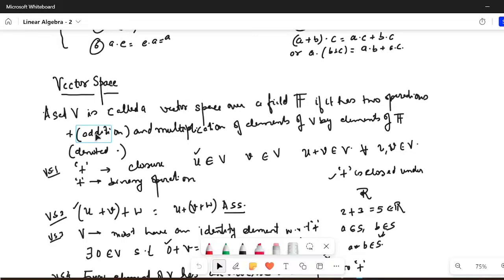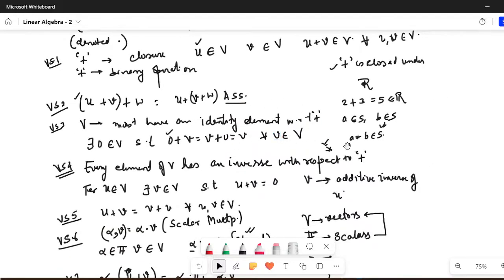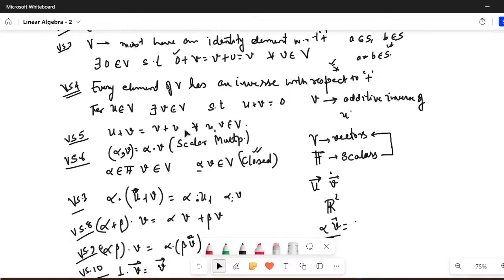This is not necessarily ordinary addition. Understand my point? Once you define those operations, you find that the vector addition is closed, associative, there is an identity element associated with the vector addition, there is an inverse element associated with the vector addition, and also the vector addition is commutative.